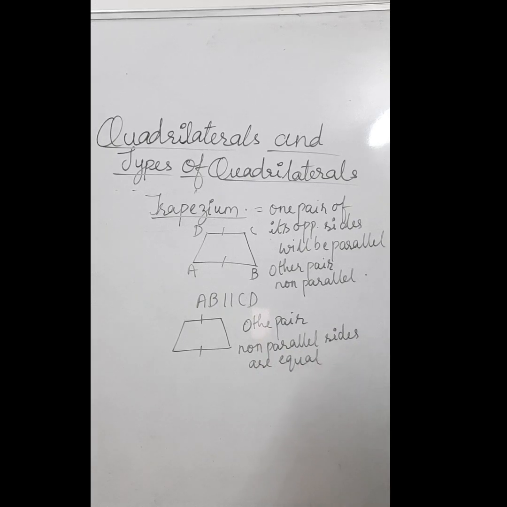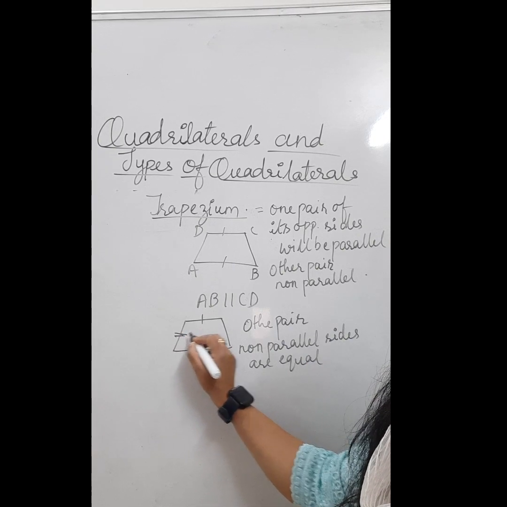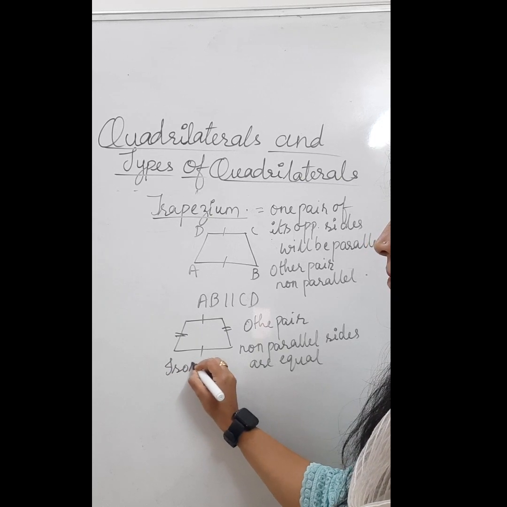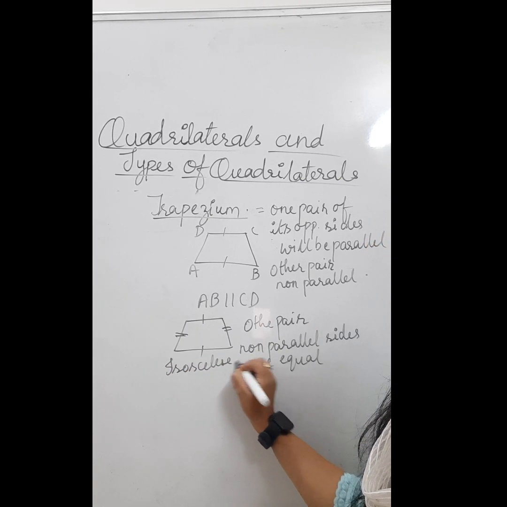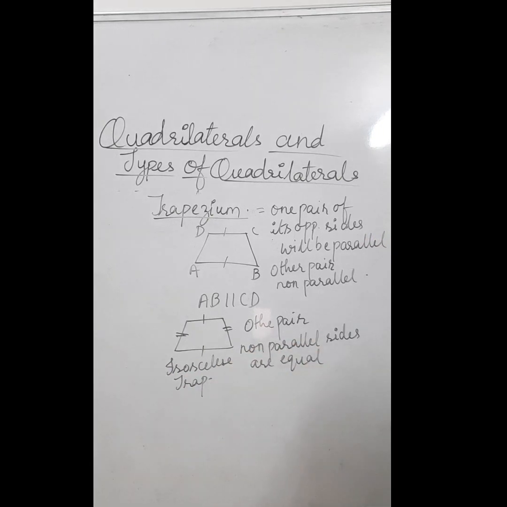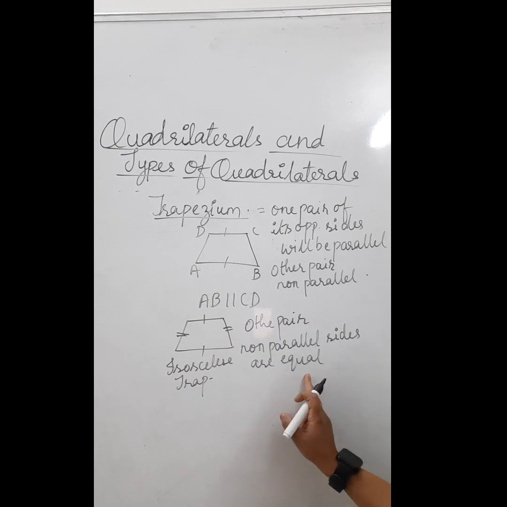This is known as an isosceles trapezium. So we can say that in the case of an isosceles trapezium, one pair will be parallel and the other pair, that is non-parallel sides, will be equal.